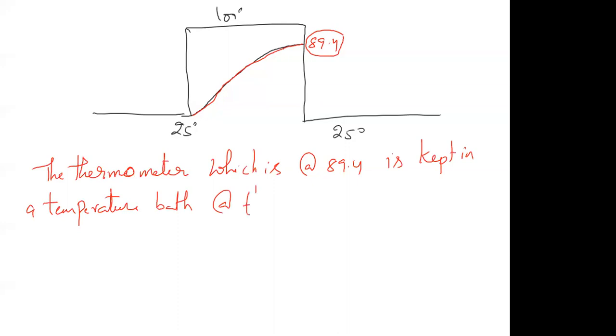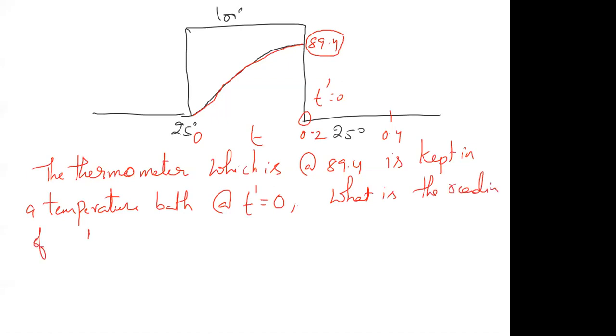I am defining a new time scale, t prime, with t prime equal to 0 here. So now this is 0, this is 0.2 on the t scale, and the t prime scale is 0 here. Now if you want to find out the reading at 0.4, the question is, what is the reading of the thermometer?